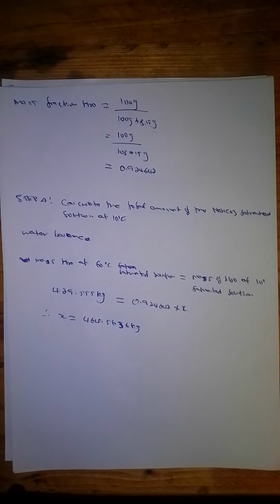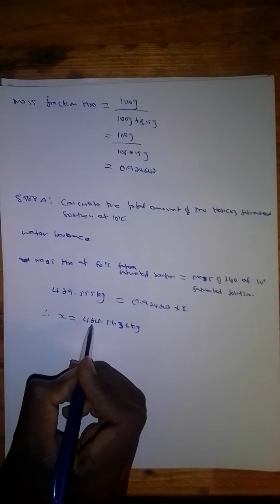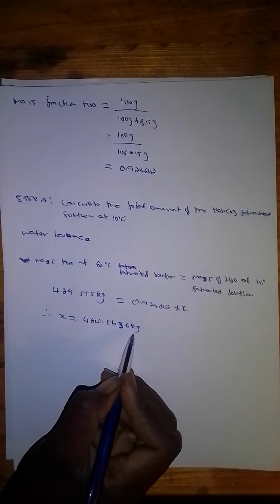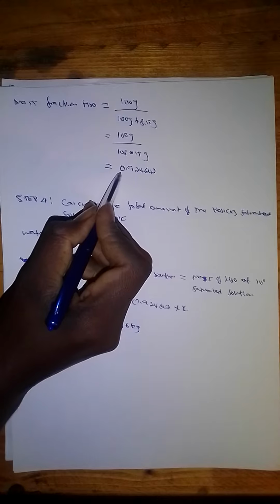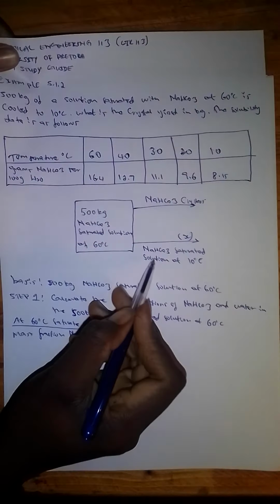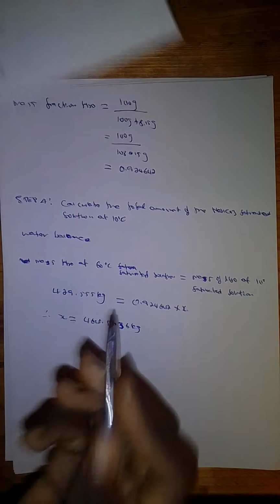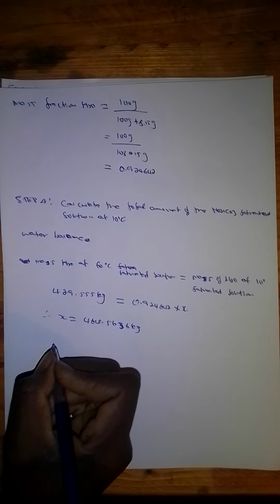kilograms. This means that the total solution here is 464.5636 kilograms. If that is the case, then we can use the mass fraction of NaHCO3 to get the NaHCO3 here, and we'll do just that.